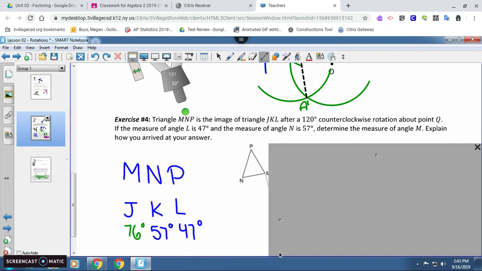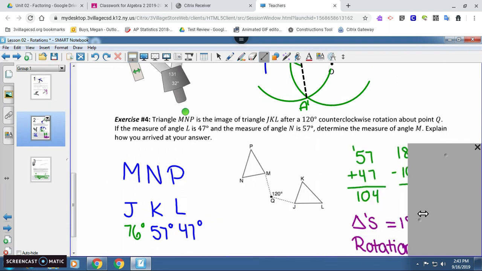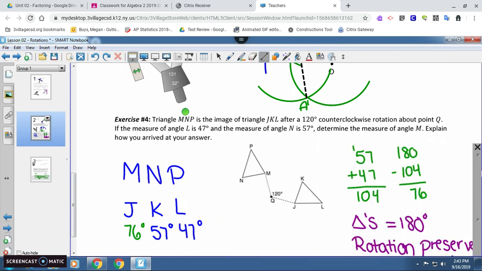When I look at this, I'm setting up this screen because remember how I set this up. The order of the points matters. So how they state these points to me is something we need to make sure we carry on throughout the rest of the year. MNP and JKL.